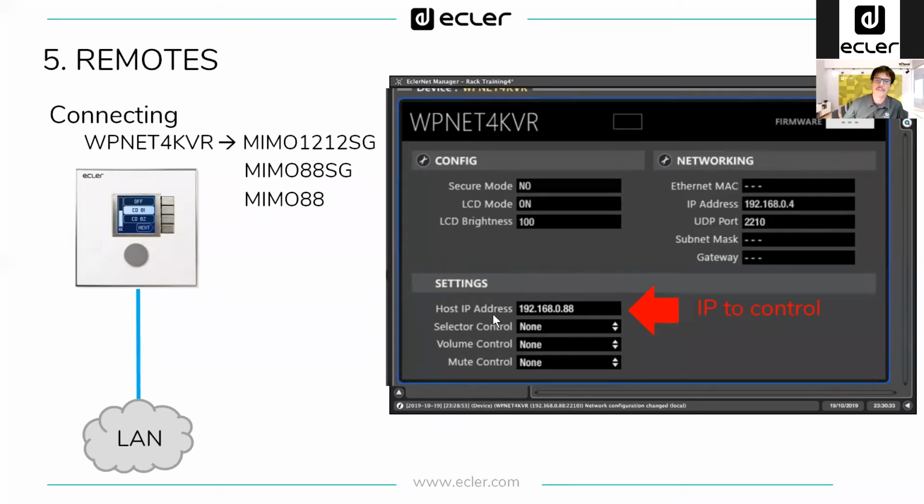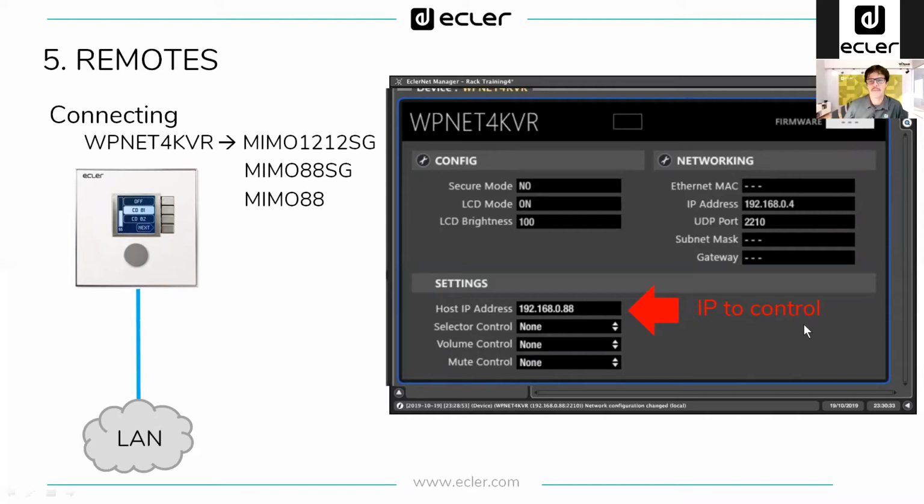Which are the settings? Here, we should introduce the IP to control. So if I want to control a MIMO 88 in this network, I should place the IP of the MIMO 88, for example here, and there is a MIMO, whatever it is, that is at the 192.168.0.88 IP address, okay?